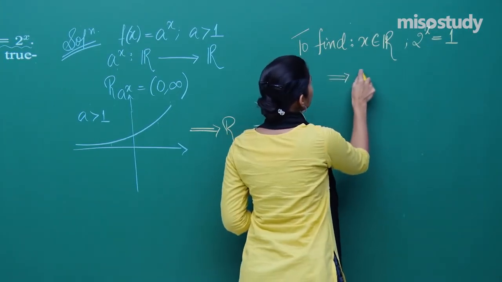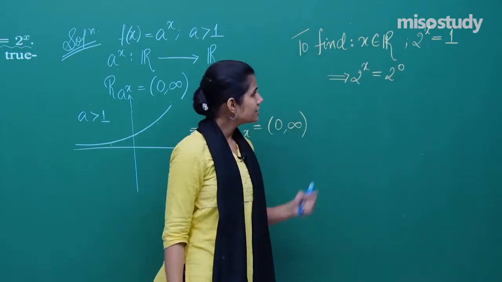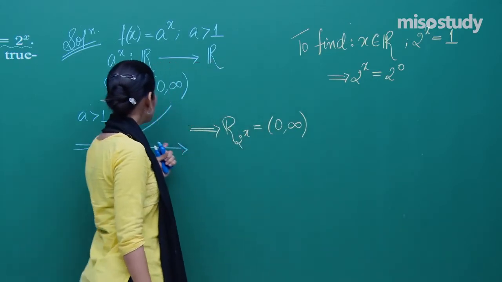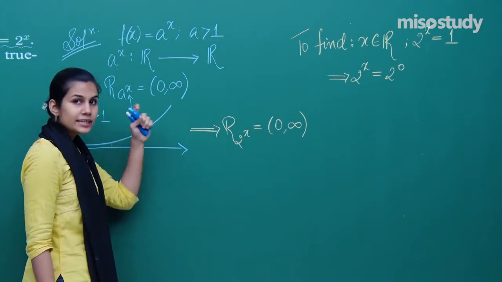This implies 2 to the power x is 2 to the power 0, because 1 is nothing but 2 to the power 0, and because, as you can see, this is a one-to-one, strictly increasing function.